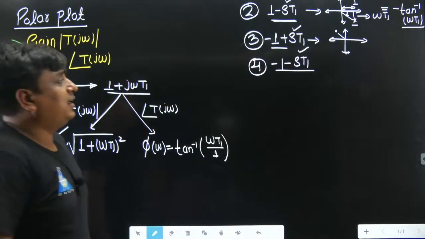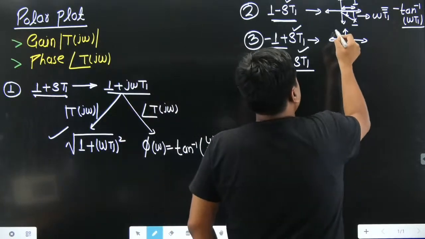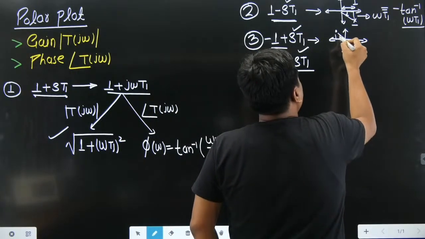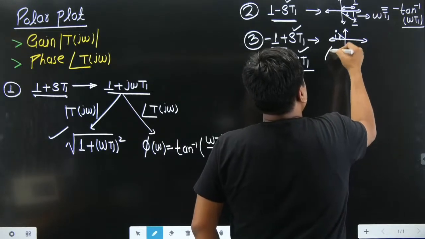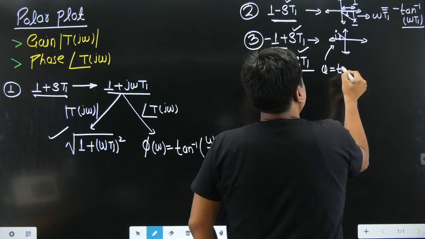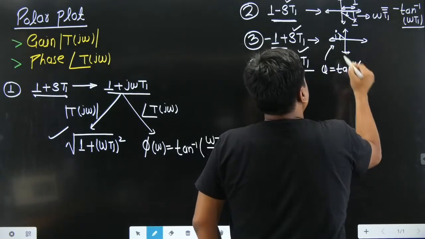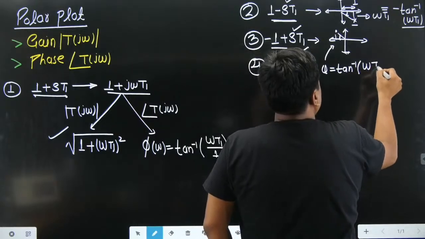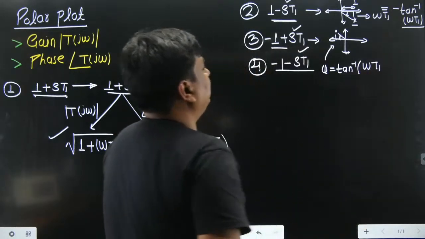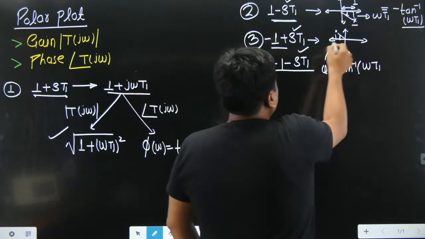Yes sir, we can do so. Then in that case, let me calculate this angle first. What would be this angle? This angle is simply theta, and it can be written as tan inverse of the vertical part. The vertical part is omega t1, and the real part is 1.